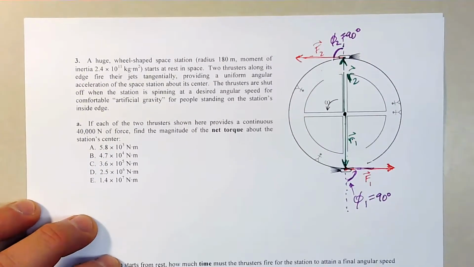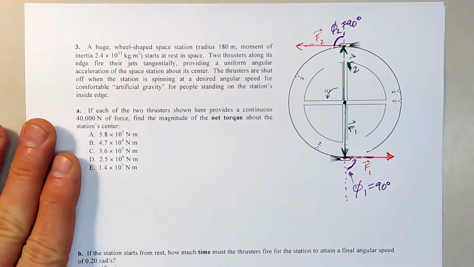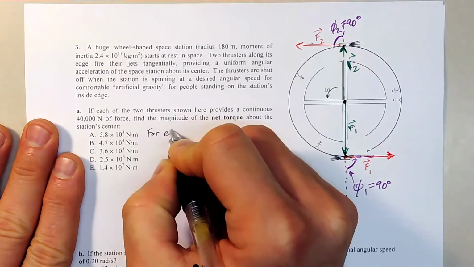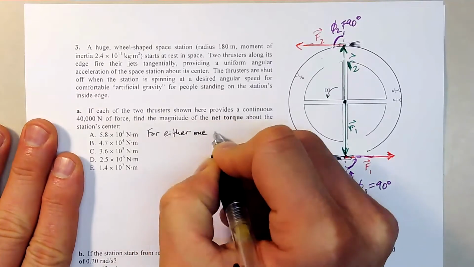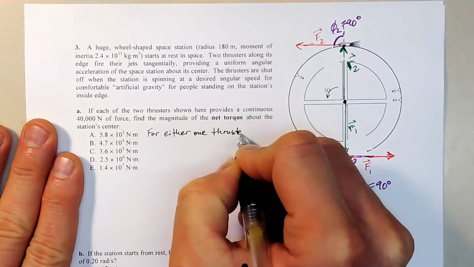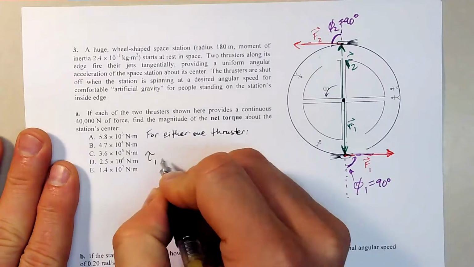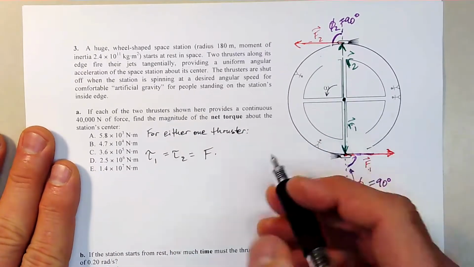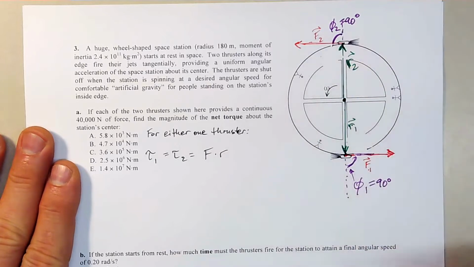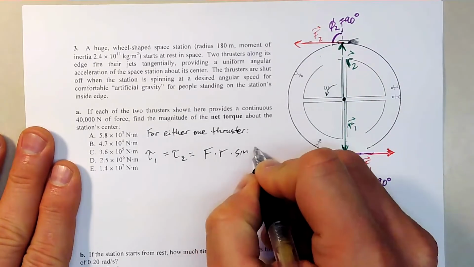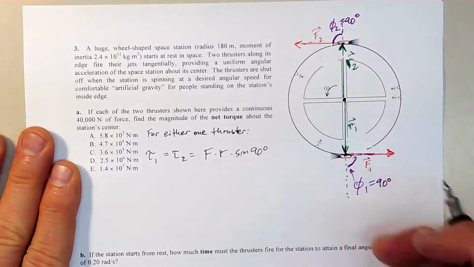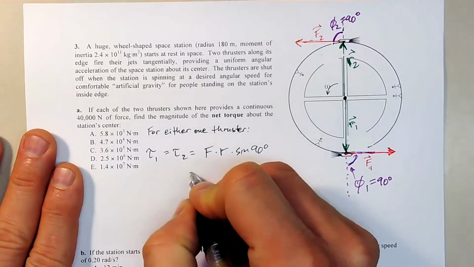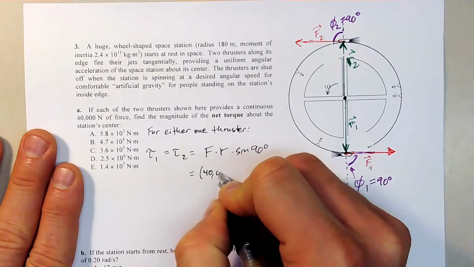All right, so now we can say, for each of the two thrusters, for either one thruster, the magnitude of the torque is going to be equal to the strength of that force F times this length R, which is the same in both cases, times sine of 90 degrees, which is the same in both cases as well. So I'm just taking a little shortcut here, and I'm calculating both of the torques in one fell swoop.